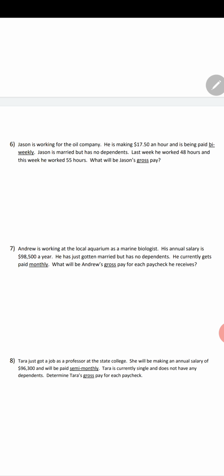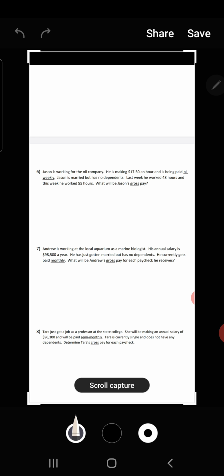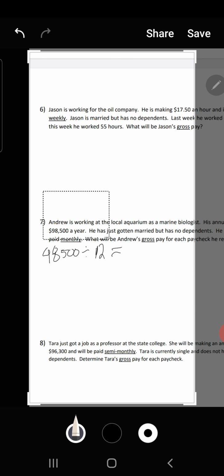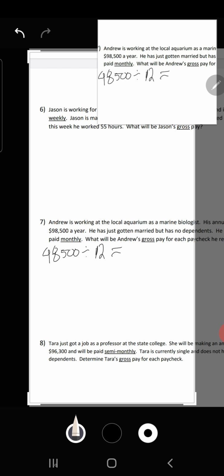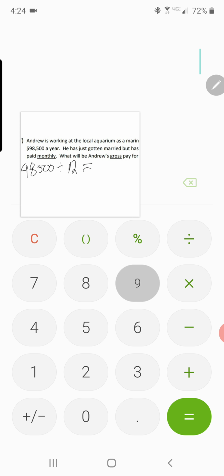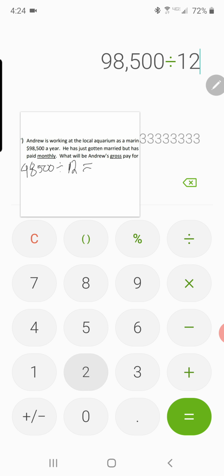So all we need to do is take that 98,500 and divide it by 12. Again, let's take the calculator. It should be a little bit quicker now. So 98,500 divided by 12.